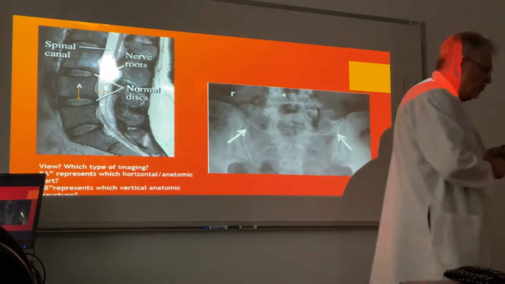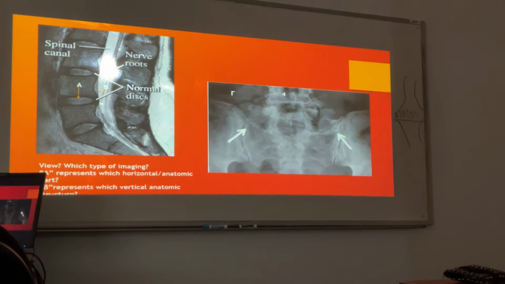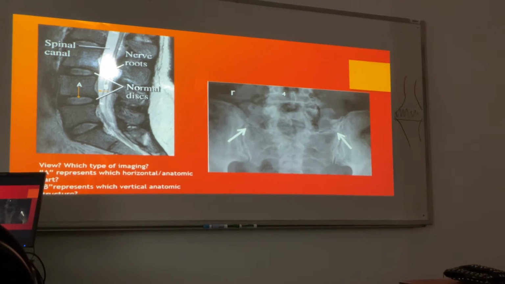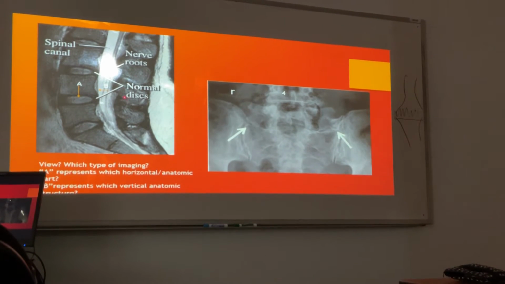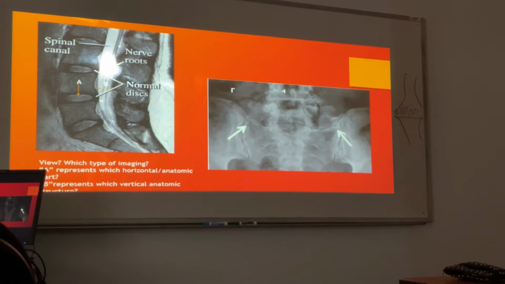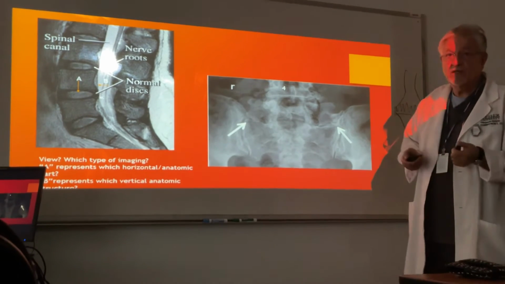So the idea is always to find something that you know to be normal, and compare it to the abnormal. And the other reason I do this is how National Board Part 3 works, plain film imaging. And you're hoping that the answer they ask about is one of the multiple choice questions. Okay? So there's a method behind my madness.